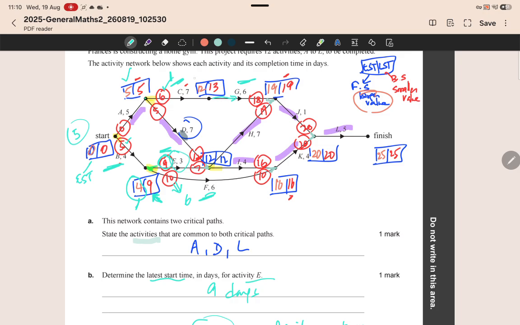Whereas for G, earliest start time is 12, latest start time is 13, and that's 1. And I think that takes care of all the activities that we had to find float times for, and we can see that F is the activity that has the largest float time.